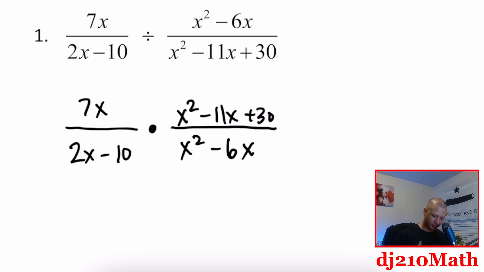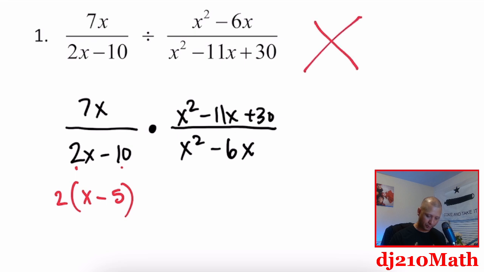Bottom left, 2x minus 10. 2 and 10 are both even numbers, so I can take out a 2: x minus 5. Okay, top right. Two numbers that multiply to make 30 that somehow make negative 11. So 30: 1 and 30, 2 and 15, 3 and 10, 5 and 6. 5 and 6 make 30.